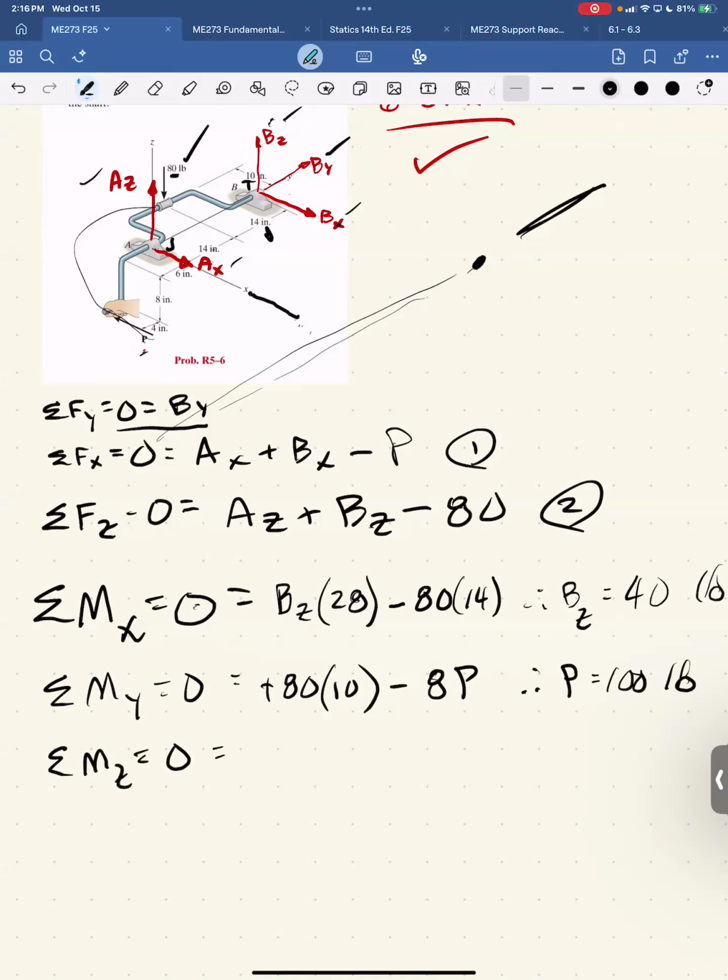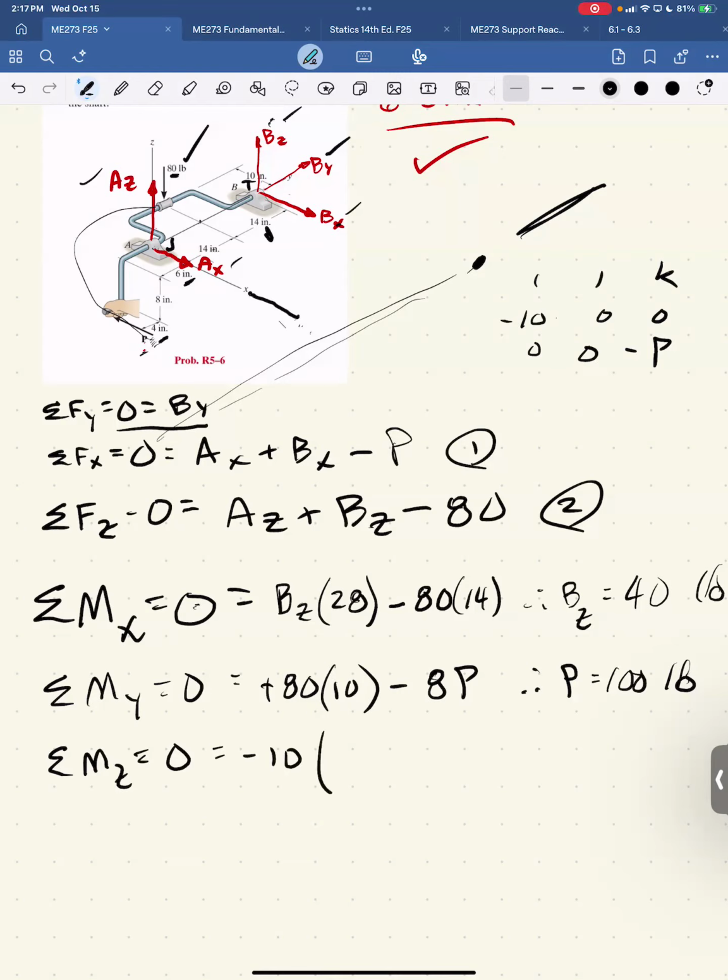So about the z-axis, well, I've got this P down here. And you notice, he's 6 inches away plus 4 away from the y-axis, 10 times. It wants to go clockwise, so it's minus 10 times P. And P I figured out was 100, right?